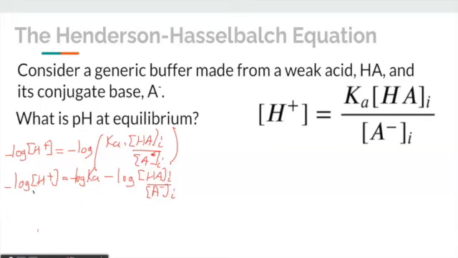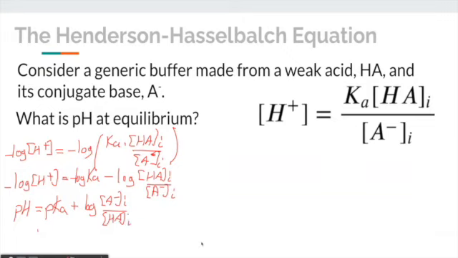But we know that minus base 10 log of H+ is pH, so we'll just put that in there. The negative base 10 log of Ka is a value that we call pKa. Put that in there. And then let's flip A- and HA upside down and change the sign from negative log to positive log. So positive base 10 log of A- concentration initial divided by HA concentration initial.